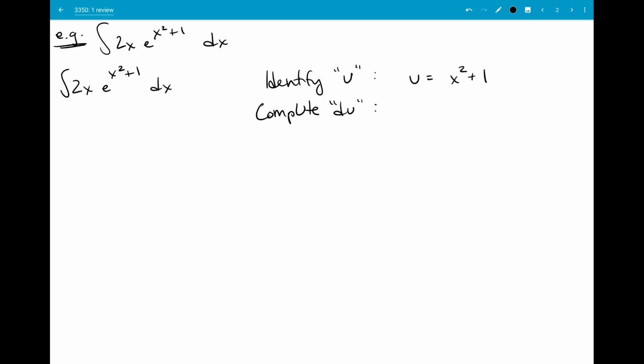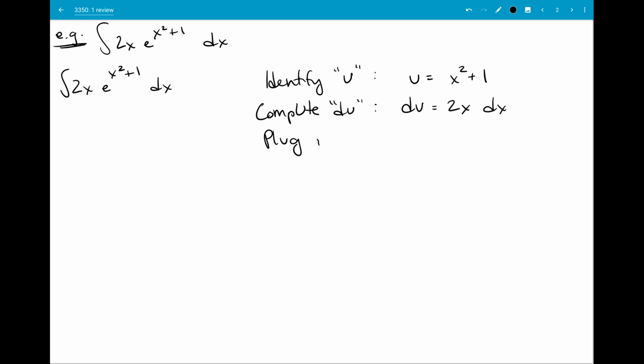And then once I know what u I need to use, I have to compute du. So all you have to do to compute du is take the derivative of u with respect to x. So u is x squared plus 1, so its derivative is just 2x. And then you add on a dx.